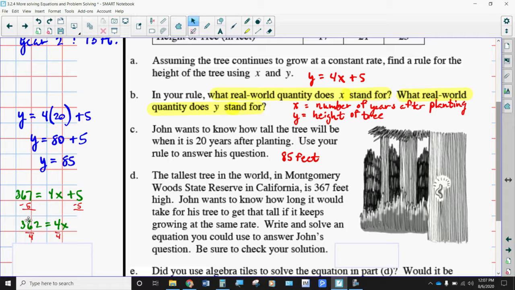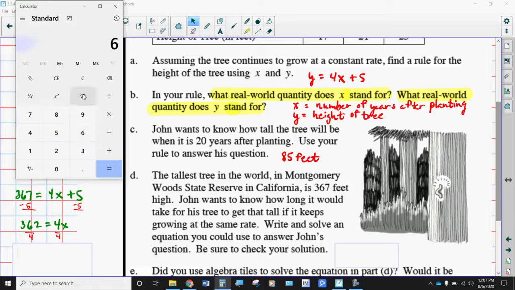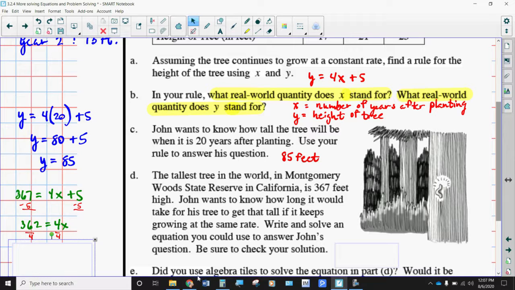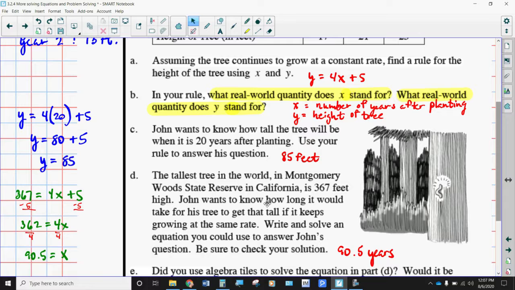Well, to figure that out, we'll take 362 and divide by 4. 362 divided by 4 gives you 90.5. So in 90.5 years, that is when we would expect this tree to be 367 feet tall.